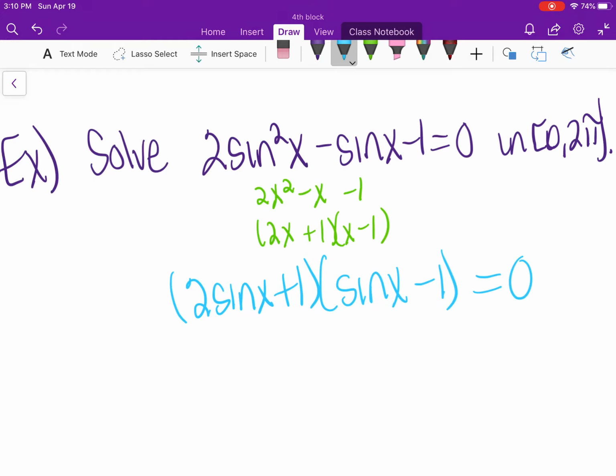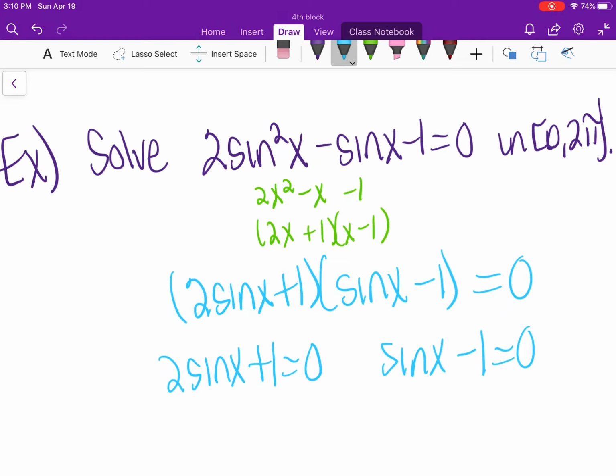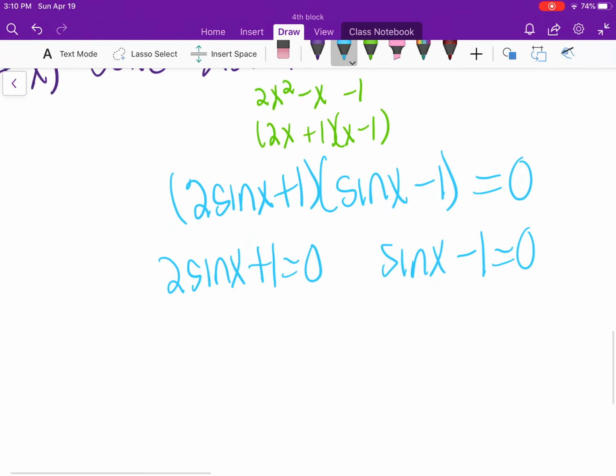Okay, now that we have it in factored form, we're just going to set our factors equal to 0. So my first factor is going to be sine x equals negative 1/2 once I solve that for sine. And then my other equation is going to be sine x equals 1. Where on your circle does sine equal negative 1/2?